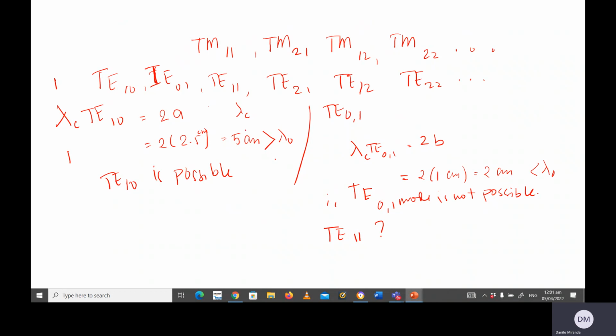Okay, so TE11, no? Okay. And the next is the cutoff frequency. Solving for the cutoff frequency.